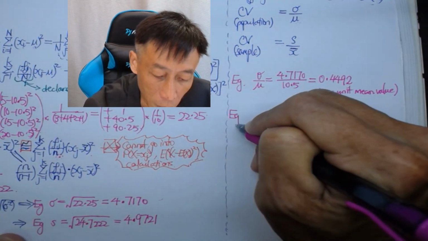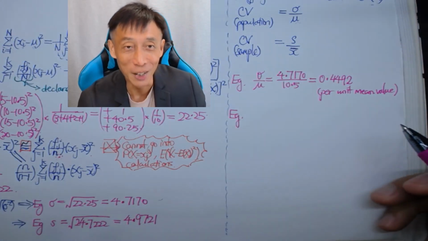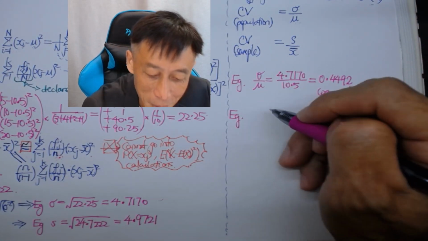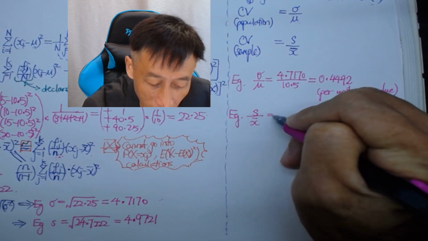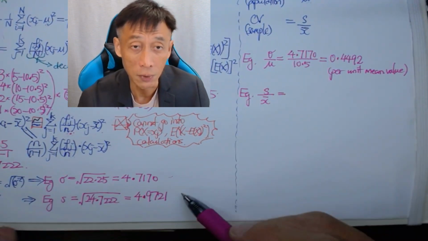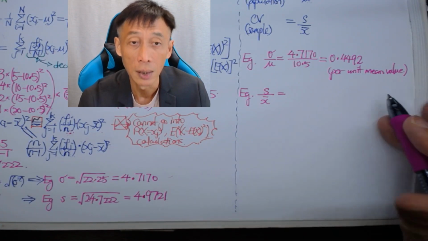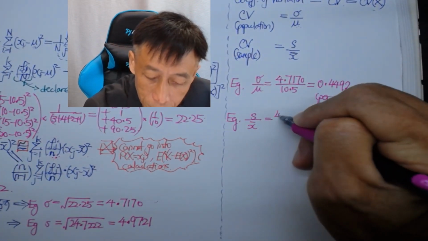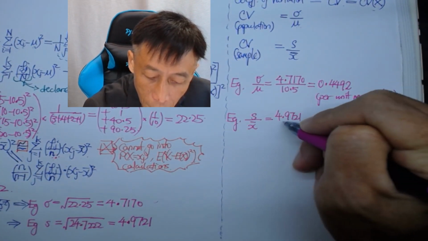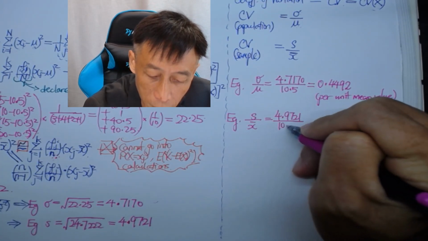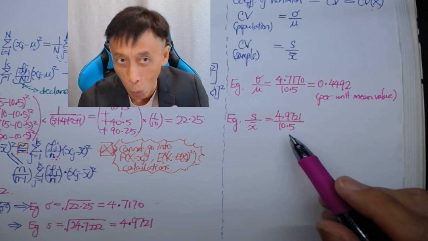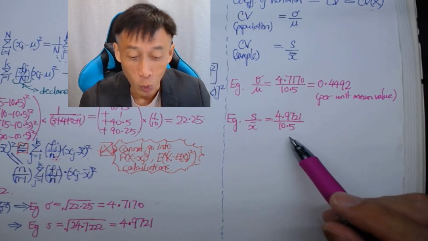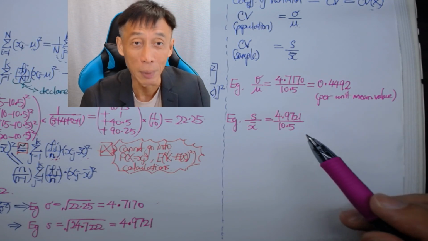For the sample, that means if we treat the same data set as a sample, then we have the CV estimate as S over X bar. Our S value was 4.9721. And the mean was calculated to be 10.5. Again, when our X bar is 10.5, we don't know what the actual mu is. So it's not like these two happen at the same time. Right?